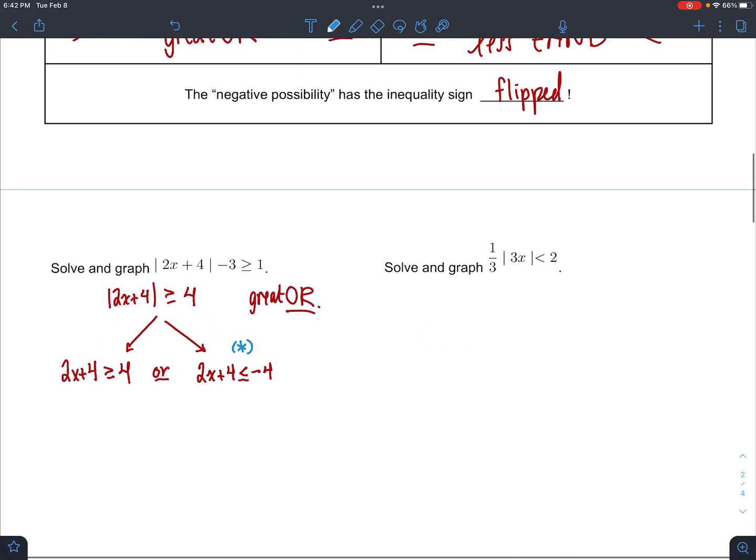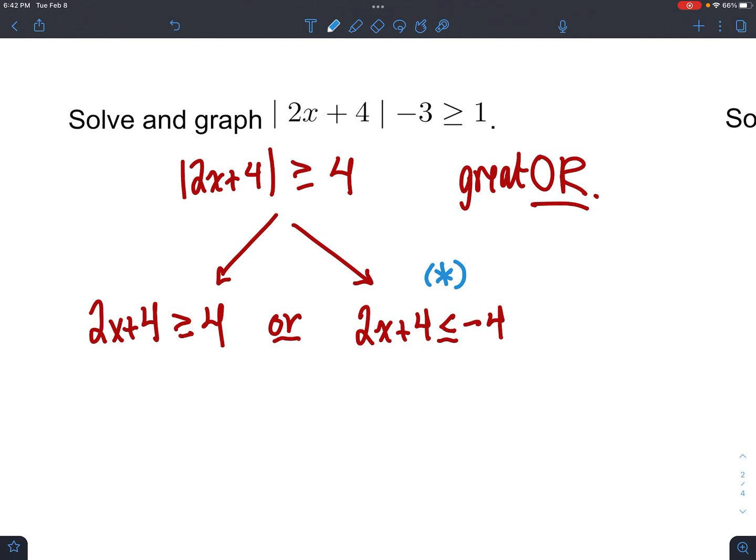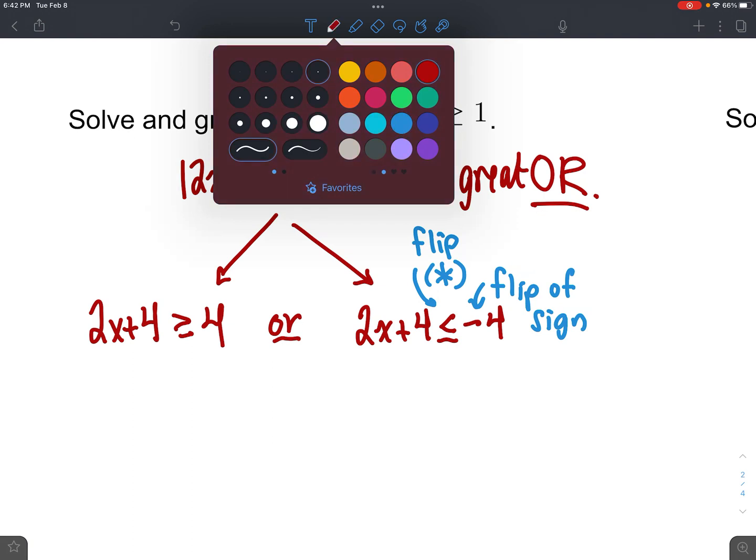So this is what that was talking about at the end of the table up here. Not only does the 4 change to a -4, the sign flips as well. So it's a flip and a flip. You see that?